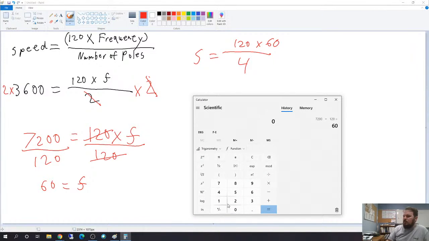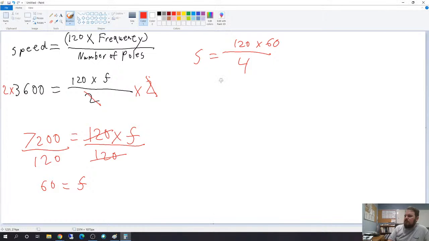So we have 120 times 60 divided by 4. 1800. That is 1800 RPM. That was 60 hertz. And that's it. That's all you needed to do.